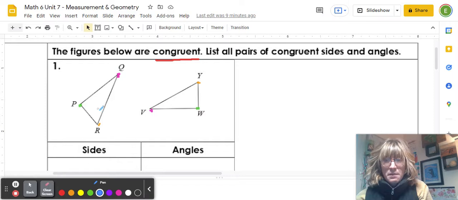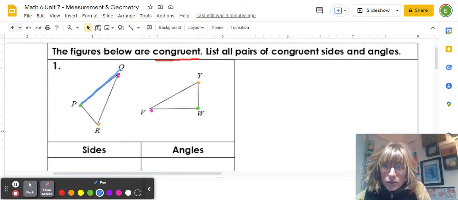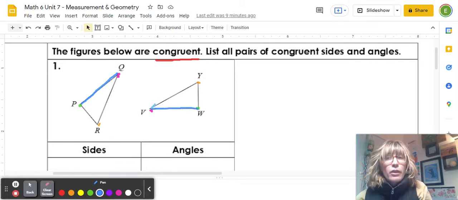Now, because those points are the same, we can make some statements about the sides. First, going from P to Q, or pink to green, green to pink, these are the same. We can mark these sides with a hash mark, so we could say they are 1 hash mark long, however long that is in a measurement.